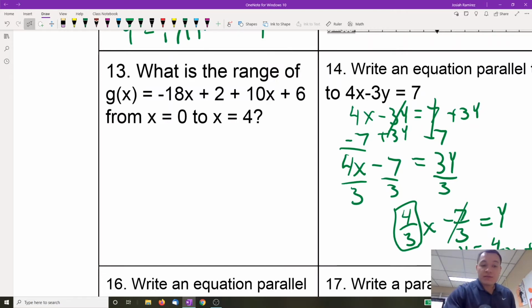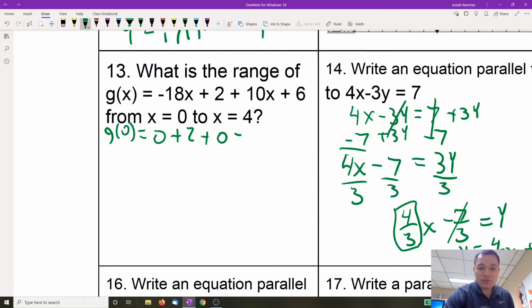So to figure that out, we just need to plug in 0 and see what happens, and plug in 4 and see what happens. G of 0 would be equal to 0 plus 2 plus 0 plus 6. 2 plus 6 is 8. G of 4 means we're going to plug in 4 everywhere that there's x.